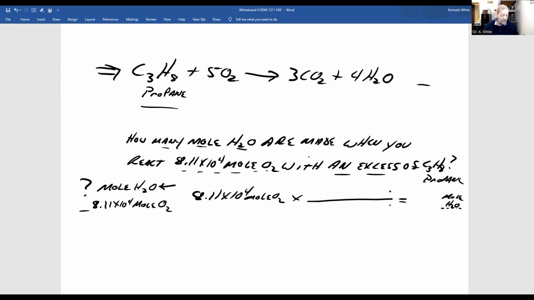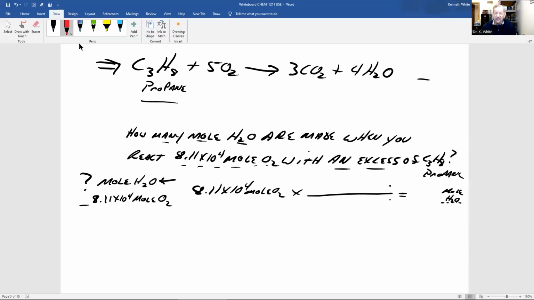All right, let's proceed. It's time to use your good buddy, your good friend, unit analysis. You'll find on test 2, it is your good friend, your good buddy. Whatever we're trying to get to goes on top of the ratio.